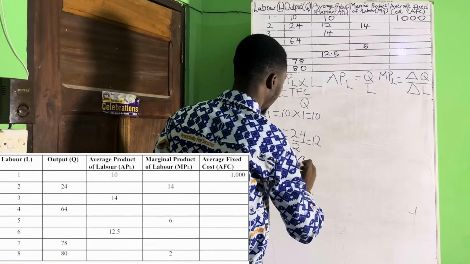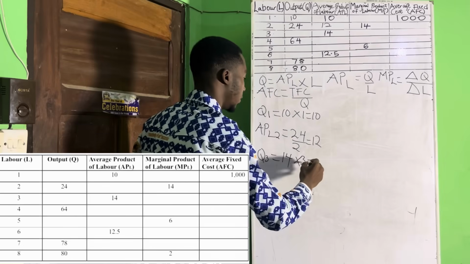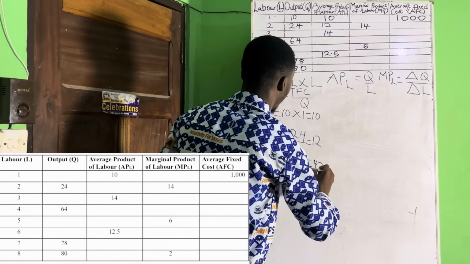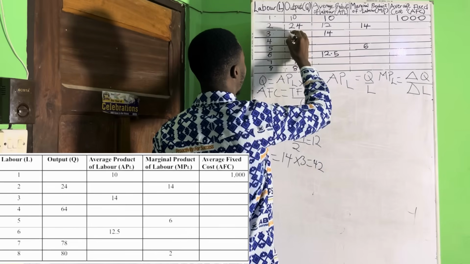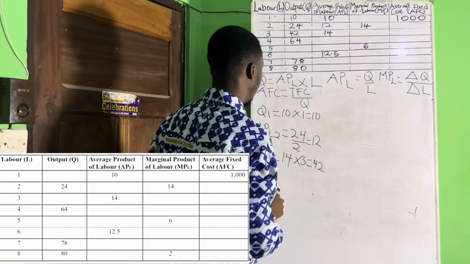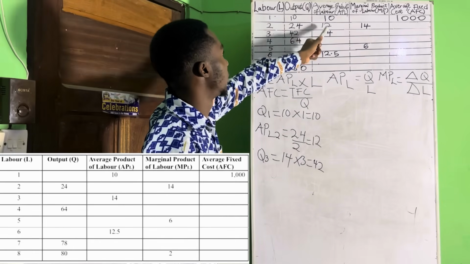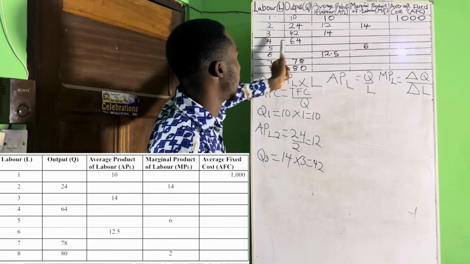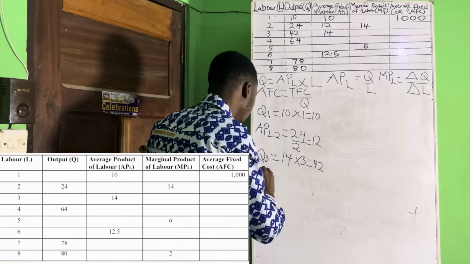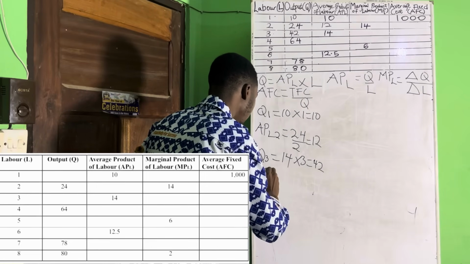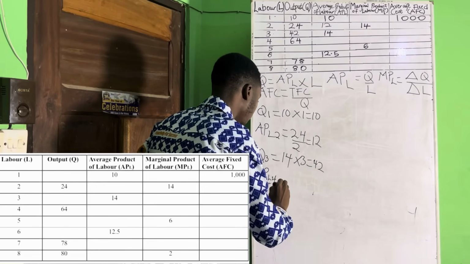When you punch it, you are getting 14 times 3 is 42, right? So here will be 42. Then what else can we find? We can find this one, which is APL, the fourth one, APL4.